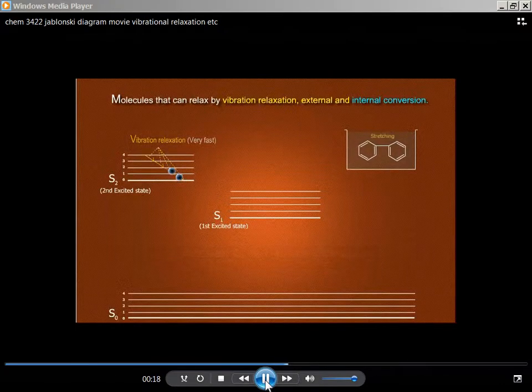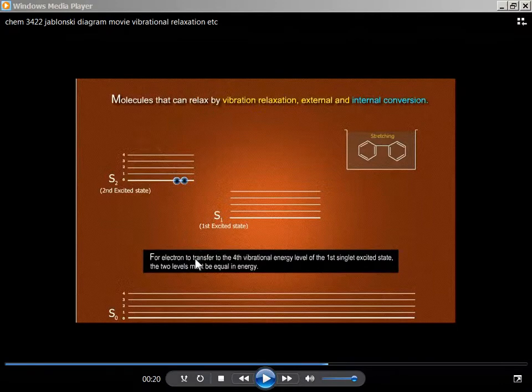It's vibrational relaxation, really fast. So it's slowly losing energy to what? Vibrational relaxation. Losing energy as heat, right? Because it's not emitting, it's losing energy as heat. It happens really fast, it says.